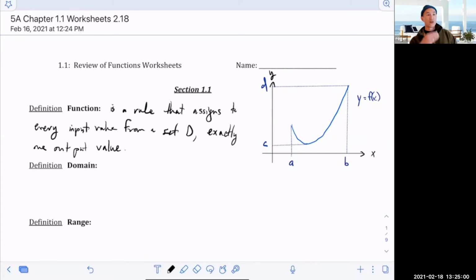Okay, so that's going to be our definition for a function.